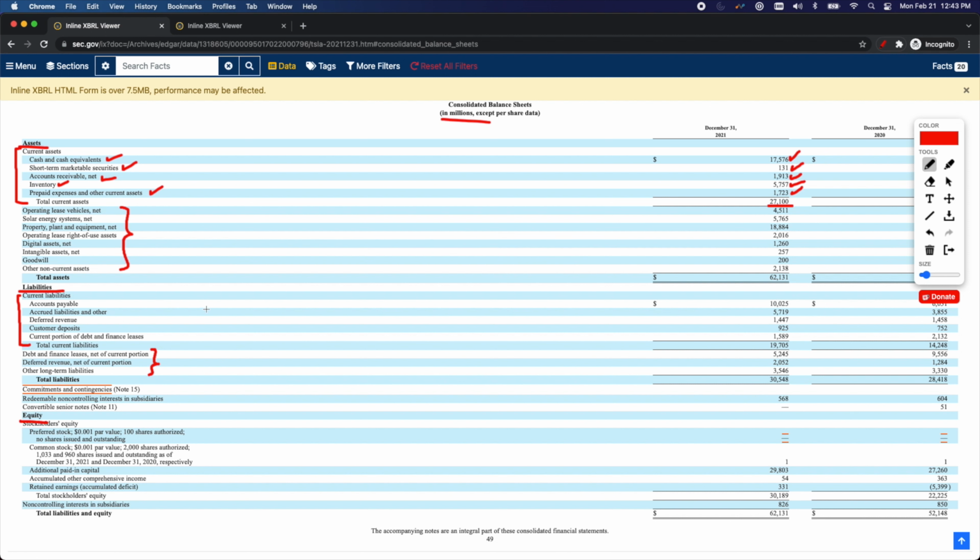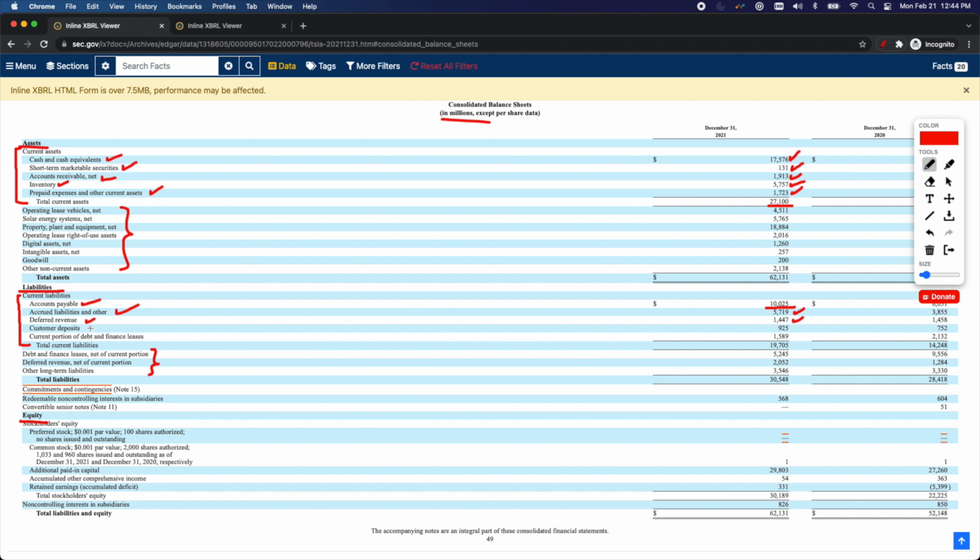I want to show you the current liabilities first, so that we can do a quick financial health check here. Under current liabilities we have the accounts payable. This is actually like $10 billion that they have to pay, probably to suppliers and other external parties. Some accrued liabilities, $5.7 billion. Deferred revenue, 1.4.